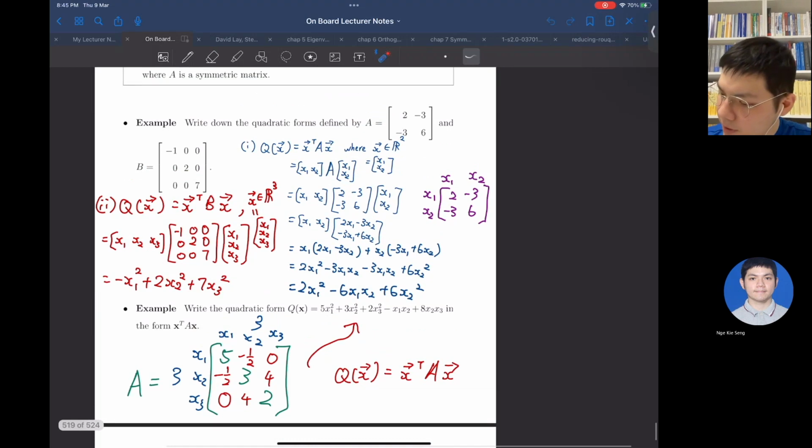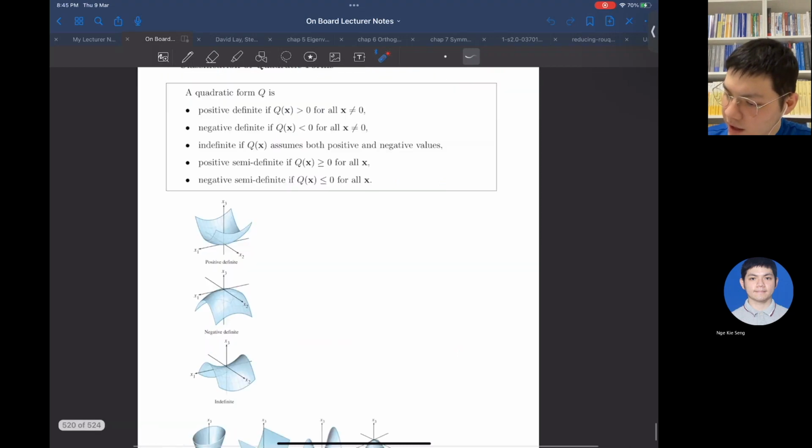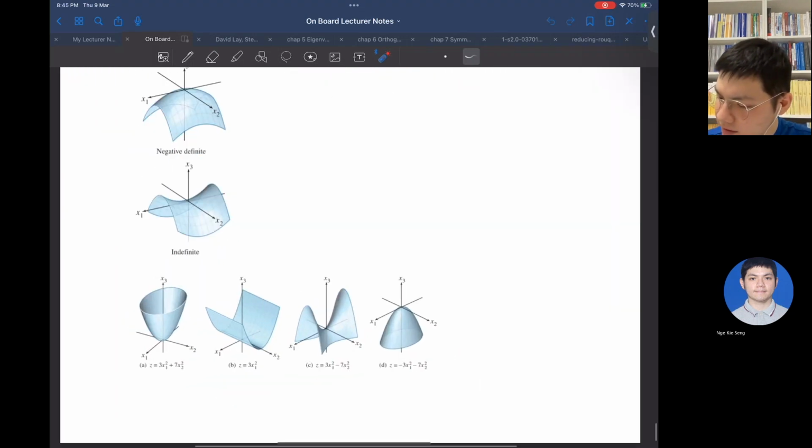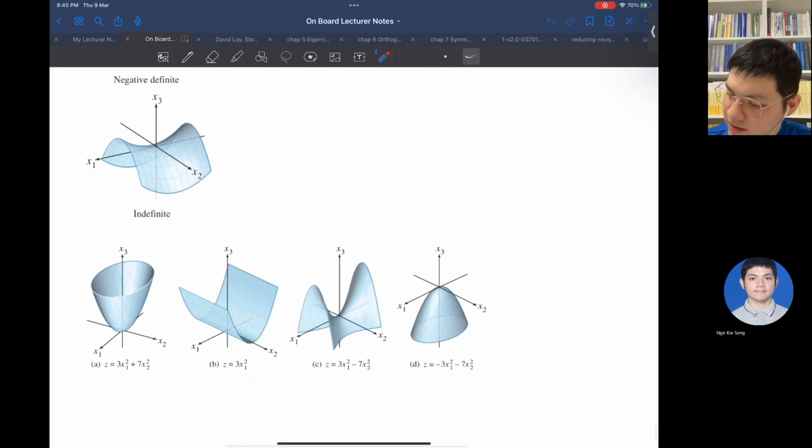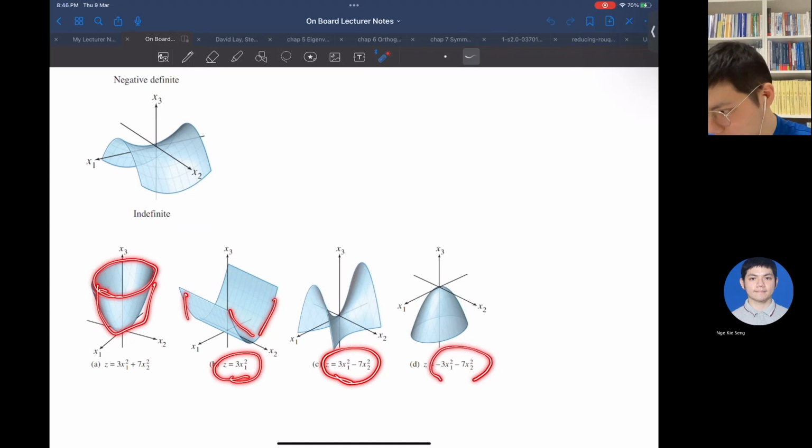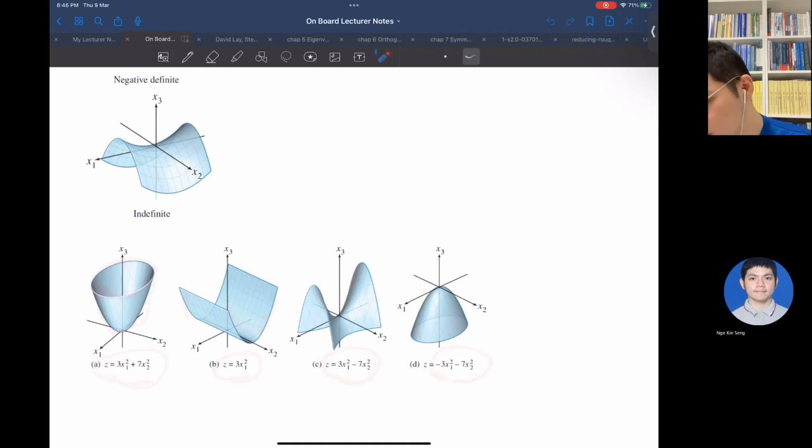Similarly, we can work backward from the quadratic form to find the symmetric matrix that defines the quadratic form. And we have seen some examples, with a nice picture here showing how this cone gets sketched given a quadratic form. Note that the quadratic forms here are all squares of a value.